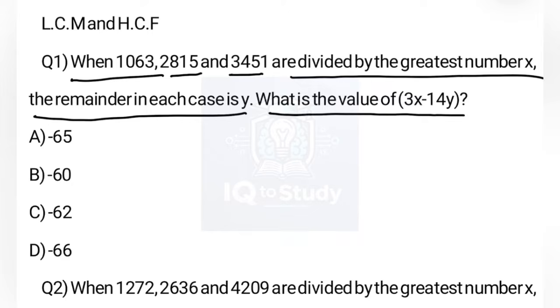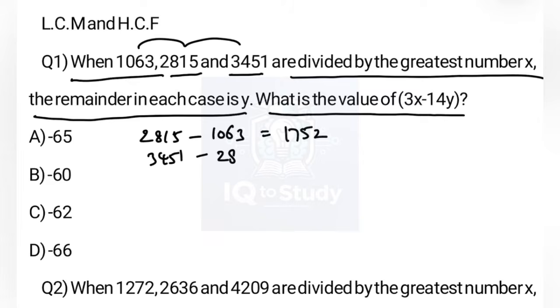Let's take the difference of these three. 2815 minus 1063, which is equal to 1752, and 3451 minus 2815, which is equal to 636, and 3451 minus 1063, which is 2388.